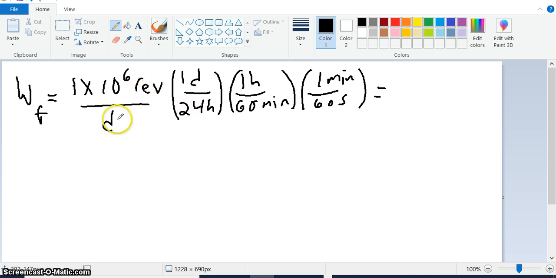In one day there are 24 hours, so the days cancel, and in 1 hour there are 60 minutes, so the hours cancel, and in 1 minute there are 60 seconds, so the minutes cancel. Basically, you take 1,000,000, divide by 24, divide by 60, and divide by 60 again, and you get the speed in revolutions per second. That's really what we want. And that comes out to be, what did I get?